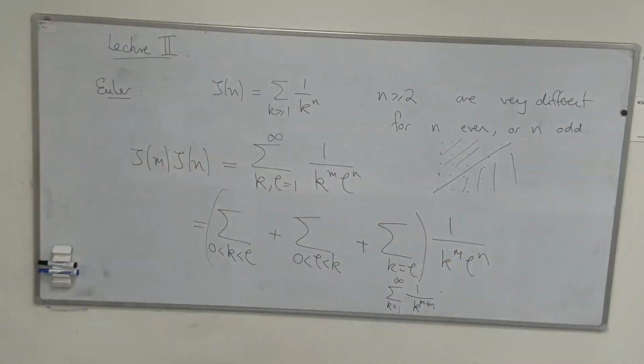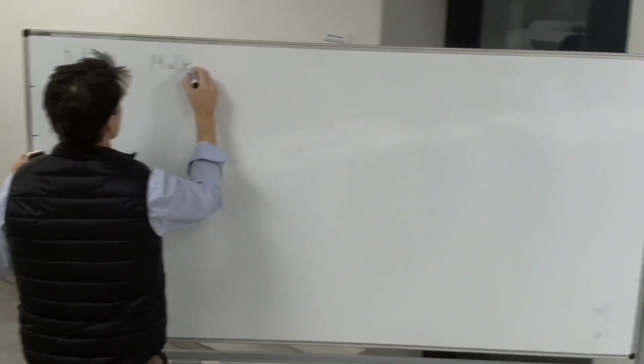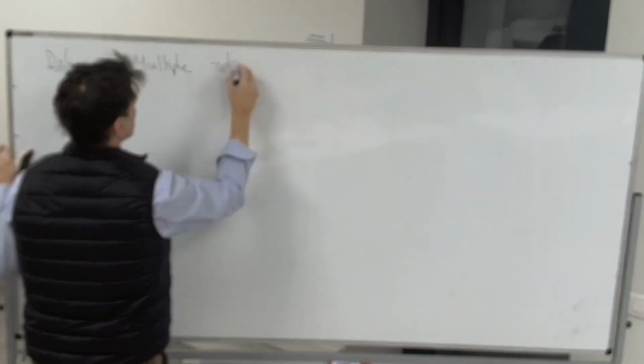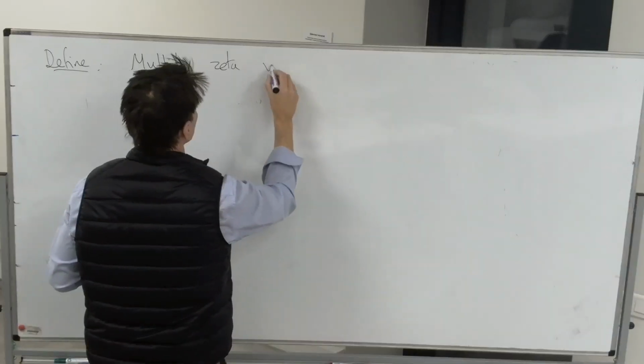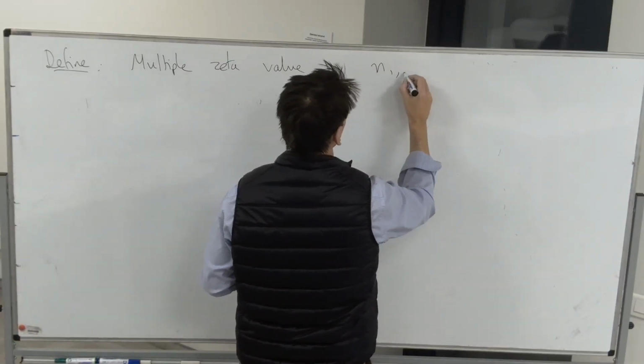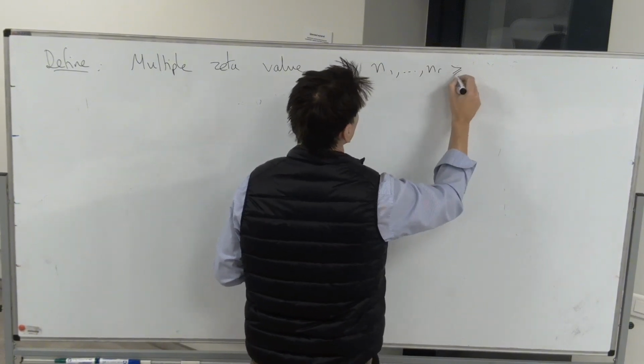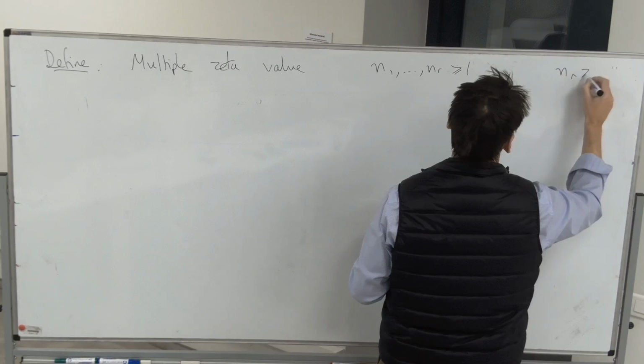And so the modern definition, I'll say very little about this, but it's a huge subject of research. Multiple zeta values: you give yourself r integers, and r is greater than or equal to 2.